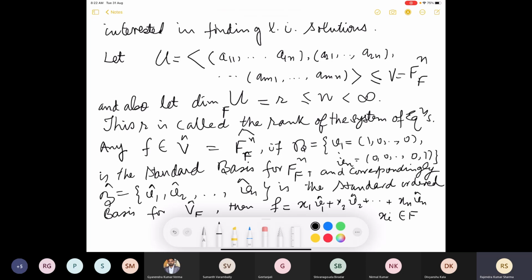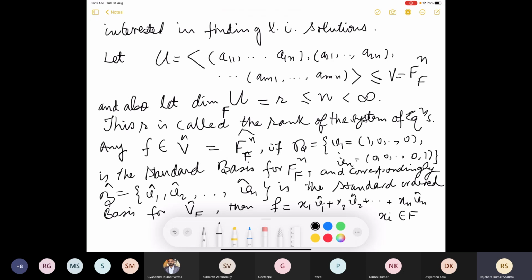With this order specified, we also can associate a basis, say B hat for V hat over F, and these basis elements, which are homomorphisms of V into F, are denoted by say v1 hat, v2 hat, vn hat. Then any element of V hat is a linear combination over F, say x1 v1 hat, x2 v2 hat, plus and so on, say xn vn hat.